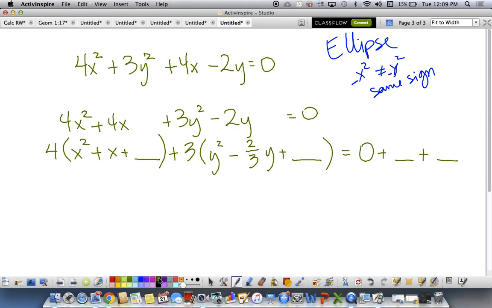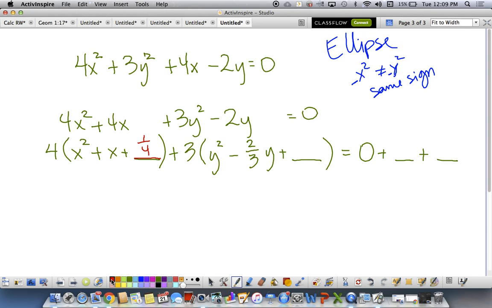The crazy thing is that it still works out somewhat nice. Okay, so here, your b over 2, first blank. What are we putting in there? What is your b? b is 1, so 1/2 squared is 1/4.